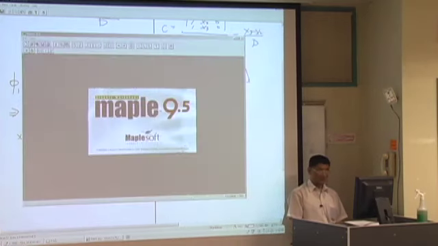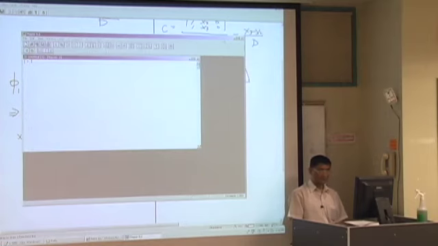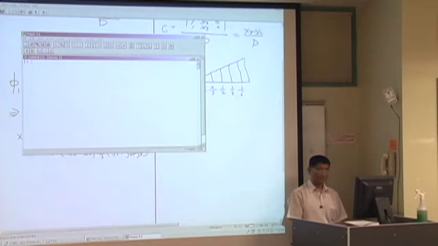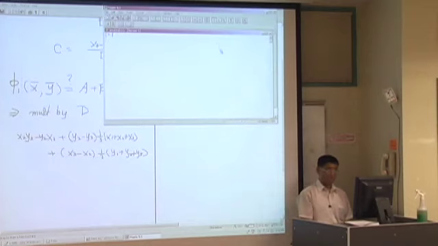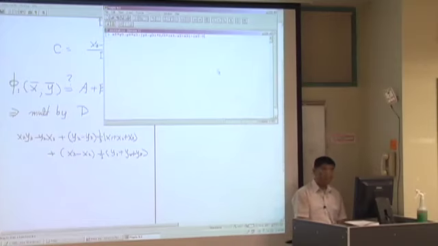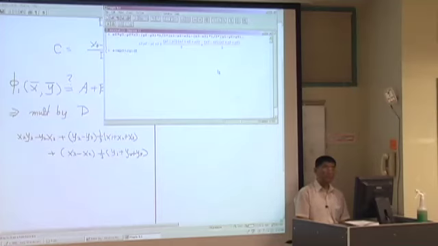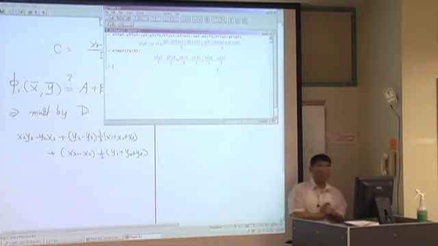I will use Maple to simplify this part. So this is the result, right?